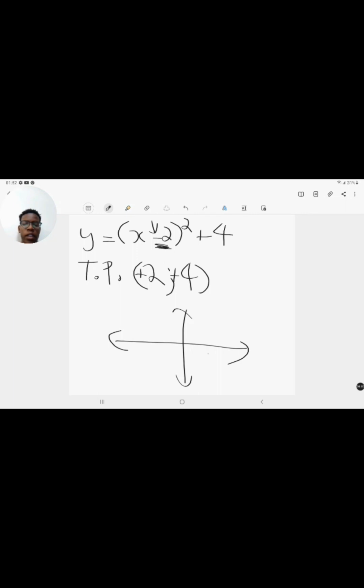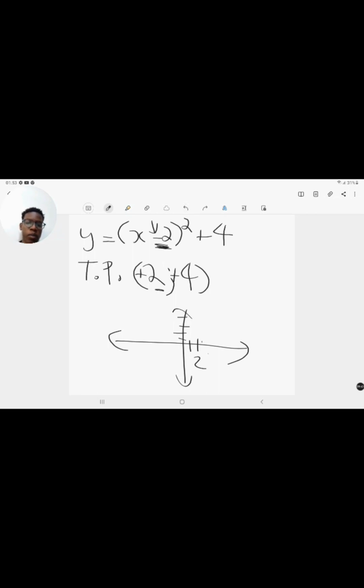I haven't calculated the x intercepts, and I don't know exactly where the graph is going to be, but your turning point simply means that whatever the coordinate is, so this is positive, right? The turning point of this graph, your x value is 2, so your 2 is going to be here. Then your y value is 4. 1, 2, 3, 4. Your y value is 4, your x value is 2.